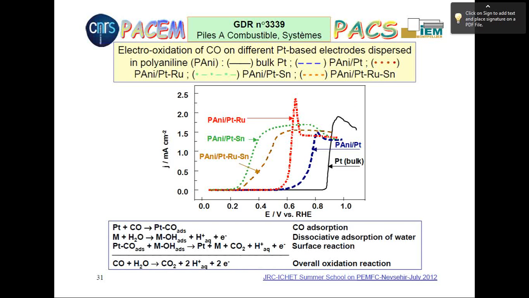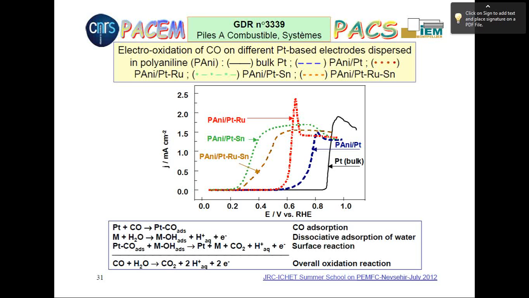Okay, CO is also a molecule involved in the reformed gas. If you take, for example, natural gas, you transform it to hydrogen-rich gas, and you have some trace of CO. So CO is a very bad poisoning species.